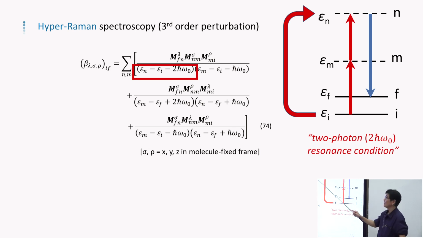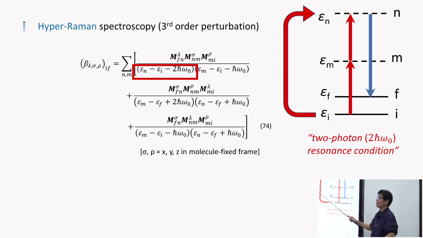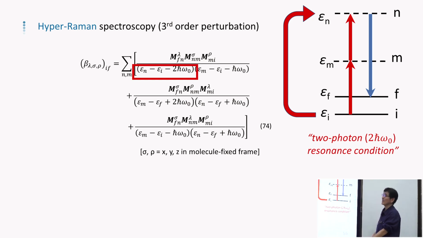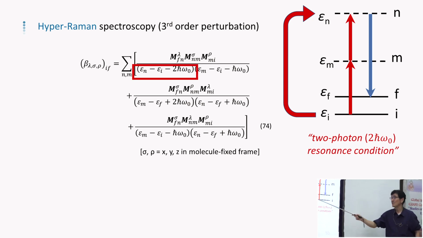Also, when the energy difference between the initial and first intermediate state matches the excitation wavelength, this term also contributes to the resonance effect. So Hyper-Raman spectroscopy has two kinds of resonance condition. In this regard, it's different from Raman scattering. But in principle, this is a very weak process. This is third-order perturbation, so it's difficult to detect.